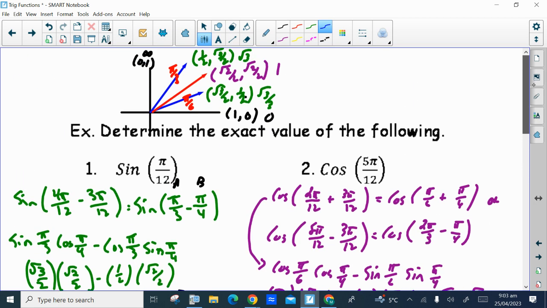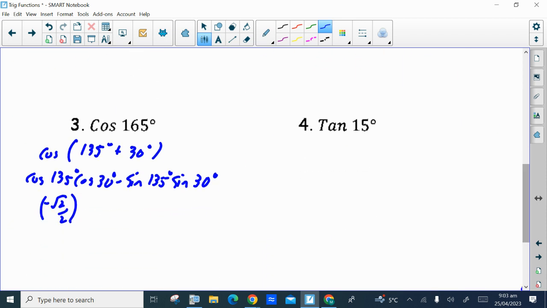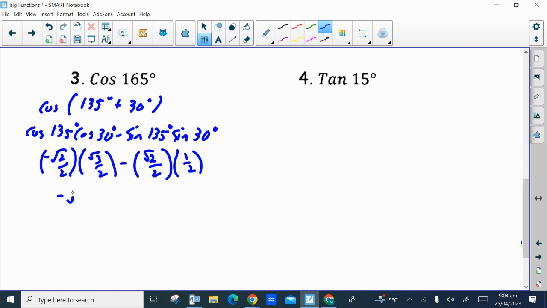The cosine of 30 is root 3 over 2, that's coterminal with pi on 6, minus the sine of 135, which is positive root 2 over 2. Again, it's the sine of 45 degrees in the second quadrant, which is our S quadrant, times the sine of 30, which is 1/2. So this gives us negative root 6 minus root 2 all over 4.